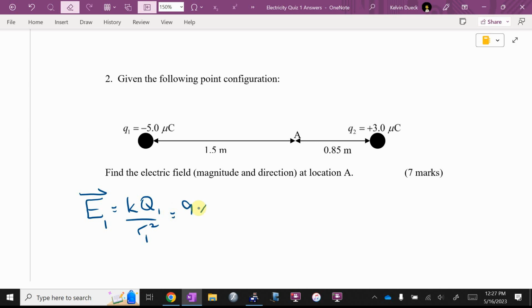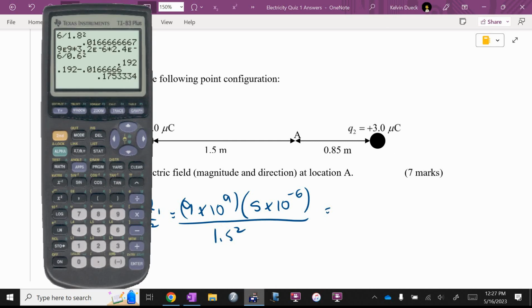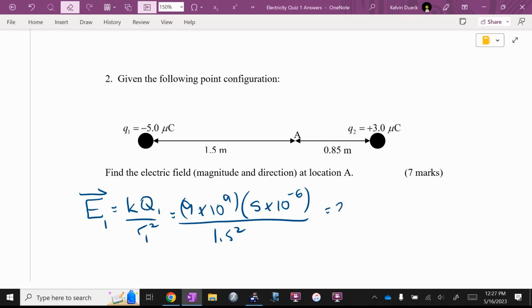It's going to be 9 times 10 to the 9th, Q1, 5 microcoulombs. Again, I don't put the negative in. 1.5 squared. 9 times 10 to the ninth times 5 times 10 to the negative 6 divided by 1.5. Don't forget the squared. Is it 20,000? Is that the first magnitude? That's the magnitude.